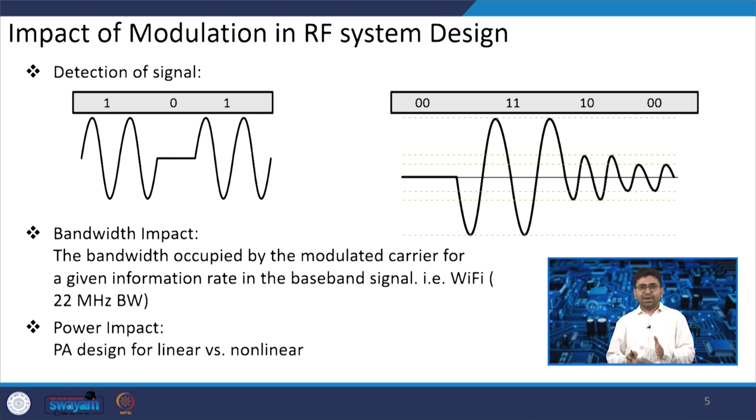So, what is happening is that if you try to reconstruct this signal, the reconstruction will be better in terms of detecting this signal compared to this signal, because this signal has much more complexity. Here this can be considered 0 1, and there are 2 bits that we are transferring.